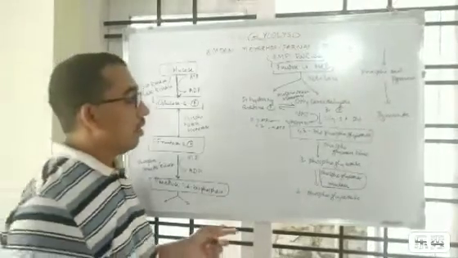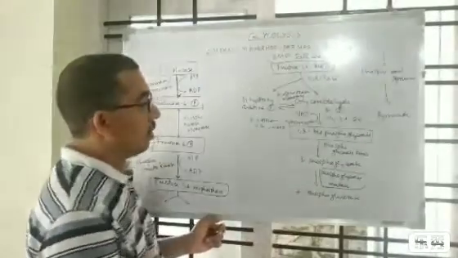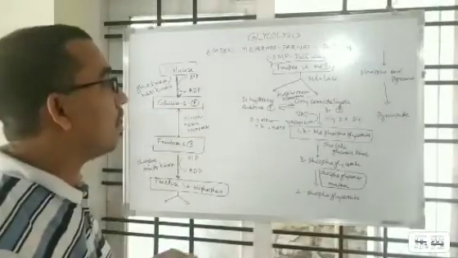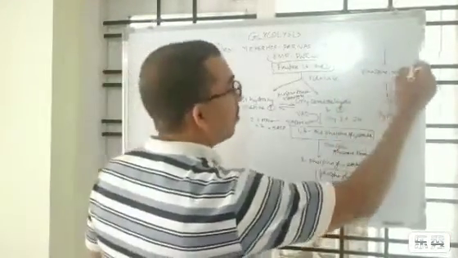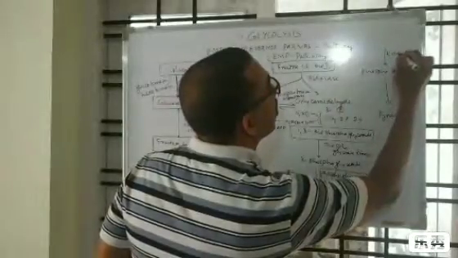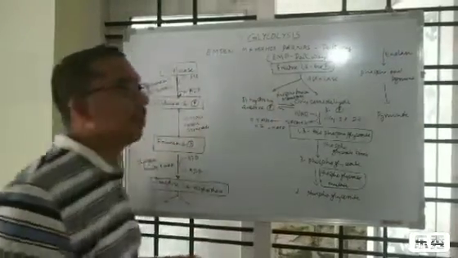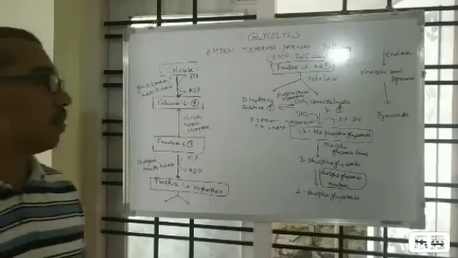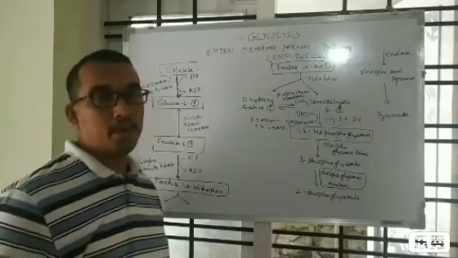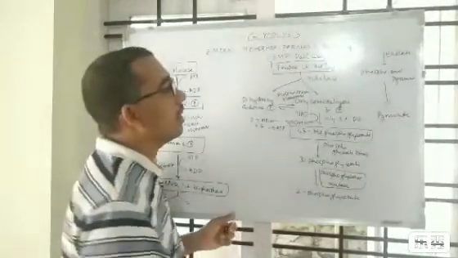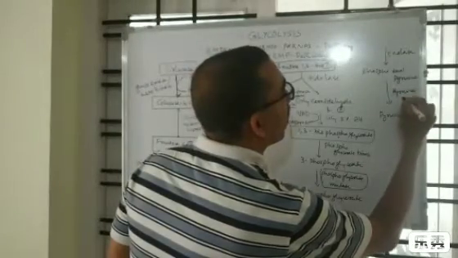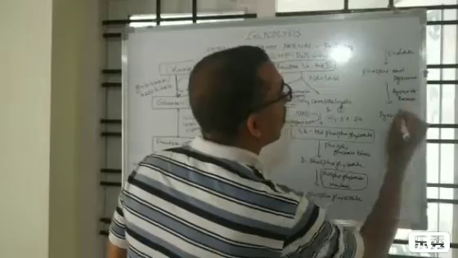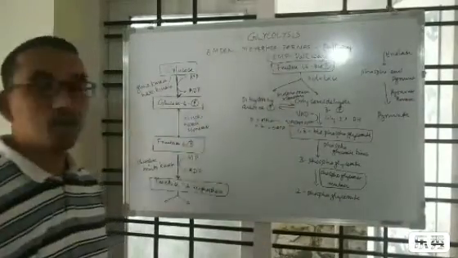And then 2-phosphoglycerate is converted into phosphoenol pyruvate by the enzyme enolase. And the enzyme pyruvate kinase converts phosphoenol pyruvate to pyruvate.